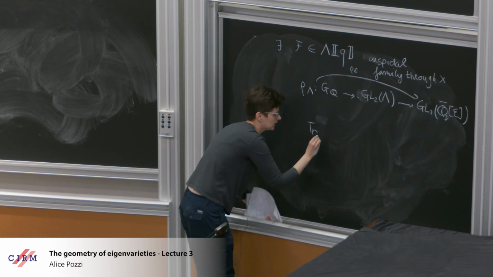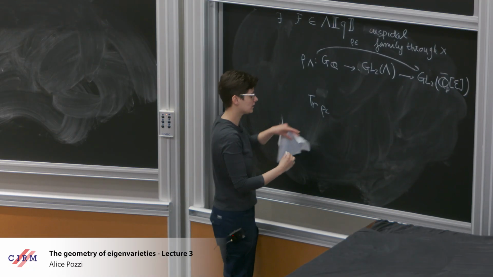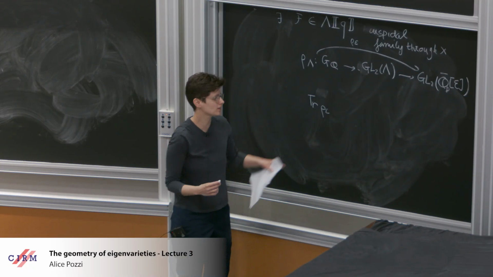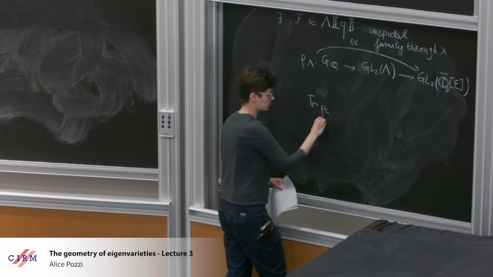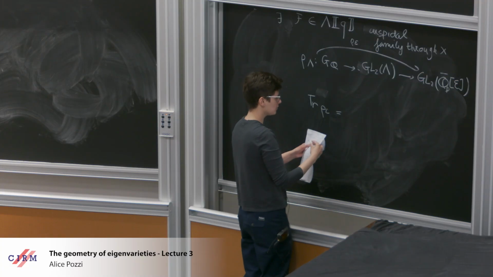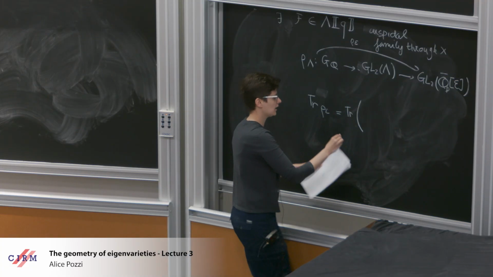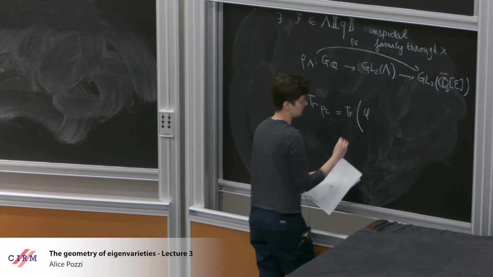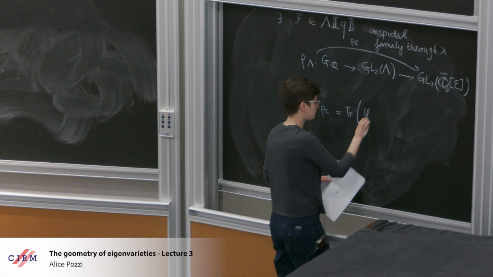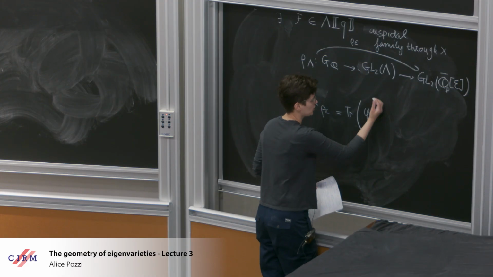And what is really clear that we can pin down is what the trace of this representation looks like, which is the same as the trace of the representation corresponding to a sum of two characters, which are two.